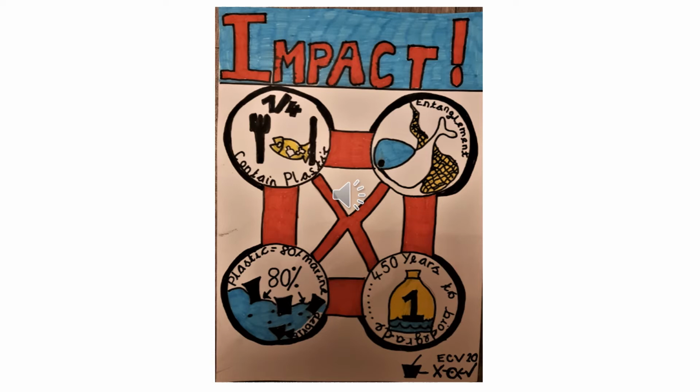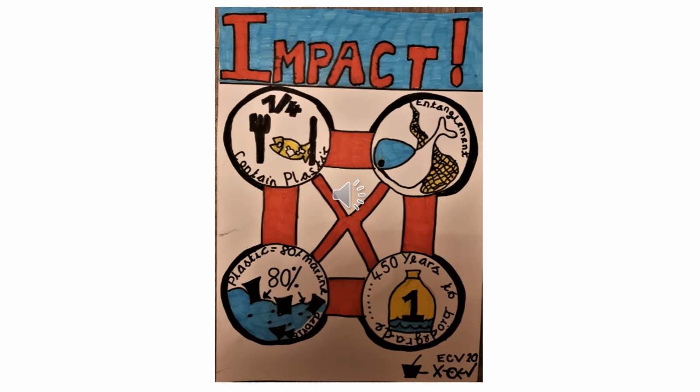So impact, this is the impact that plastic has on our oceans. So in the first circle on the left, it says 1/4 of fish contain plastic. The second circle is a whale that is entangled in a net on rubbish. Then we go down to a plastic water bottle and it says 450 years to biodegrade, so to break that down.